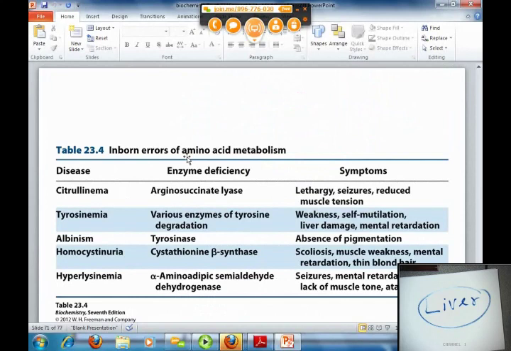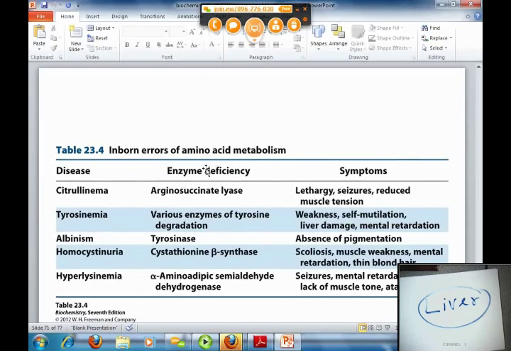So inborn errors of metabolism in amino acid metabolism, where you will find citrullinemia, where excess citrulline is present in the blood, due to argininosuccinate lyase enzyme deficiency. If I ask a question, give me a disease where the tyrosine degradation enzyme is deficient, you have to say tyrosinemia.